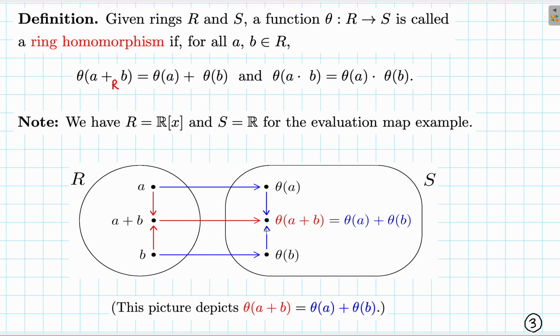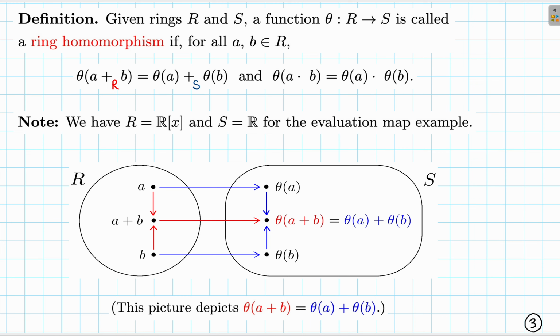That gives us theta of A plus theta of B, and let's label this with a subscript S to denote that the sum there is happening inside S. And we obtain the same result. And that's what we mean when we say theta preserves addition. A similar diagram can be drawn for the multiplicative relationship that we have here.